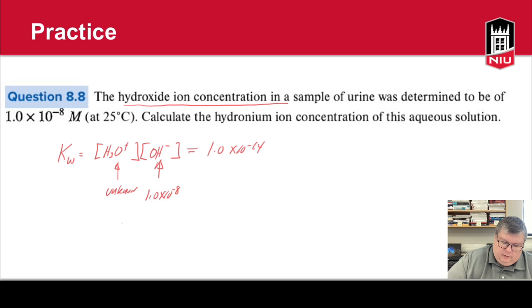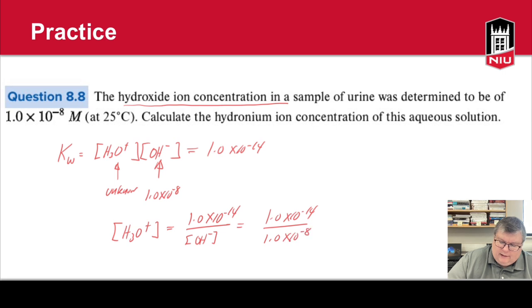So this becomes H3O+ is equal to 1.0 times 10 to the minus 14th over OH-, which is equal to 1.0 times 10 to the minus 14th over 1.0 times 10 to the minus 8th.